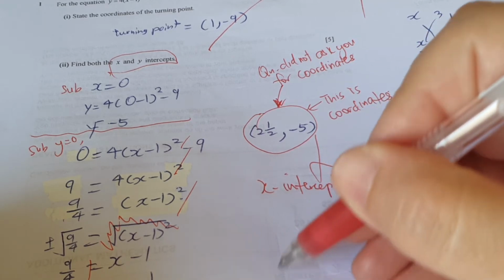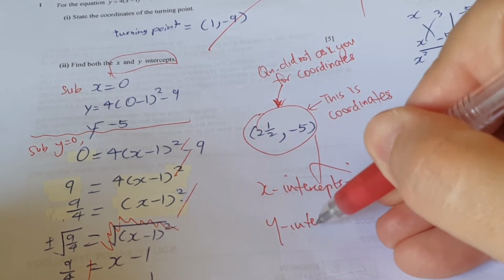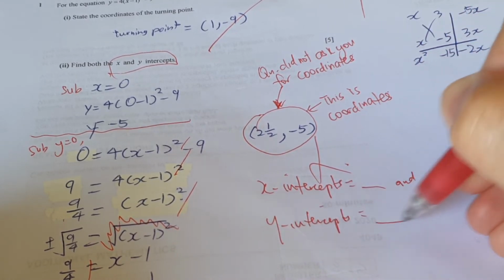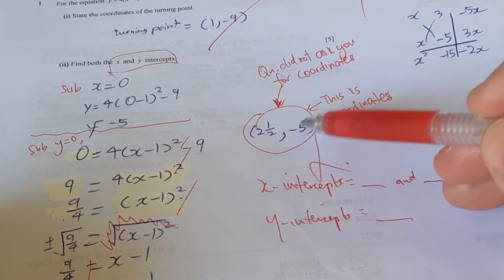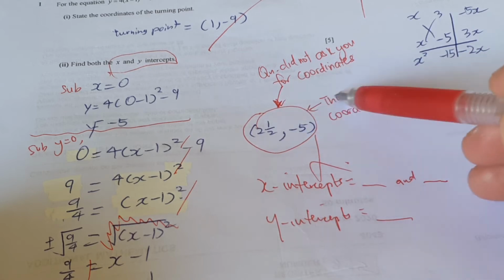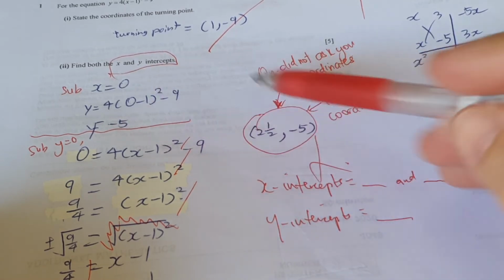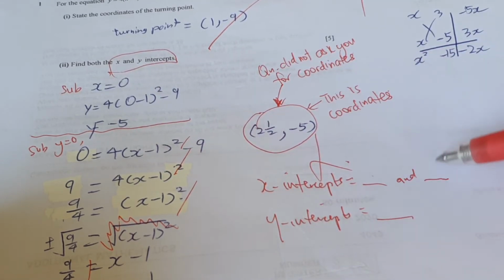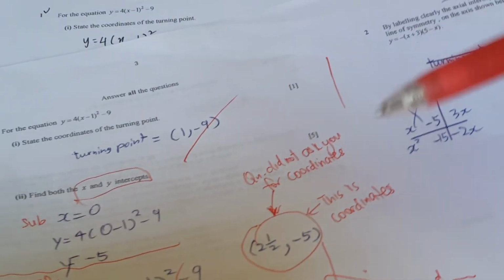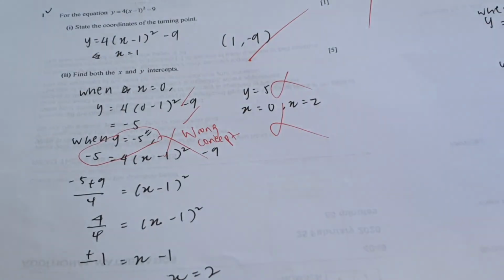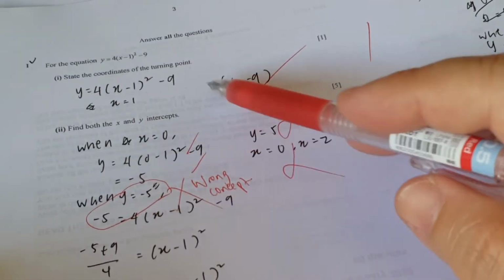And then the y-intercept, what are the two values? This one totally wrong concept already. You wrote 2.5 comma minus 5 in brackets. This is coordinates. The question didn't ask you for coordinates. They ask you only for this number, and this number. So that's why I keep on repeating, because the mistake that you make is repeated.